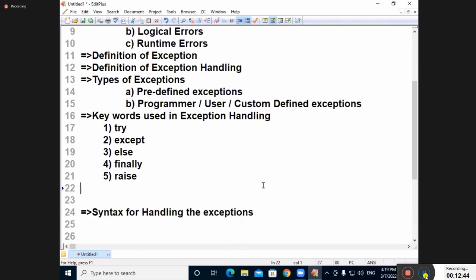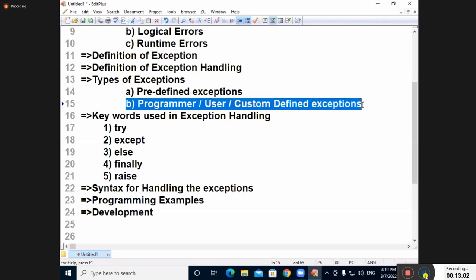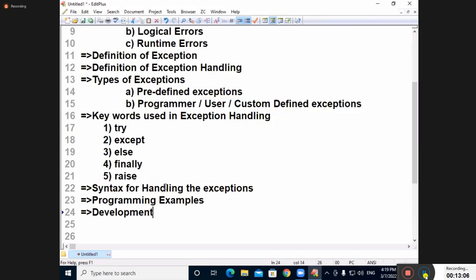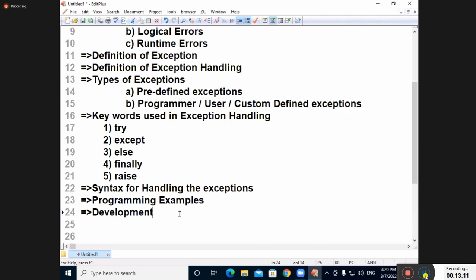Then the syntax for handling, followed by programming examples, in every moment of it. Next, of course I'm not boasting about my class, the most important thing in real time is how to develop our own exceptions, that is, development of programmer-defined exceptions.